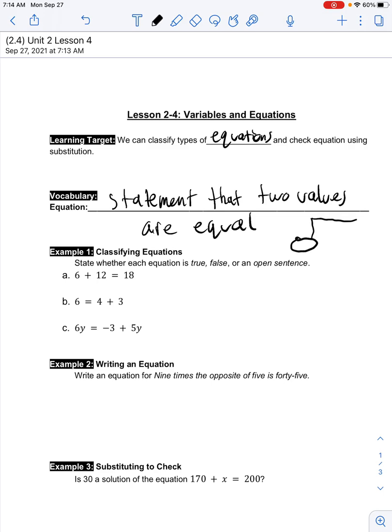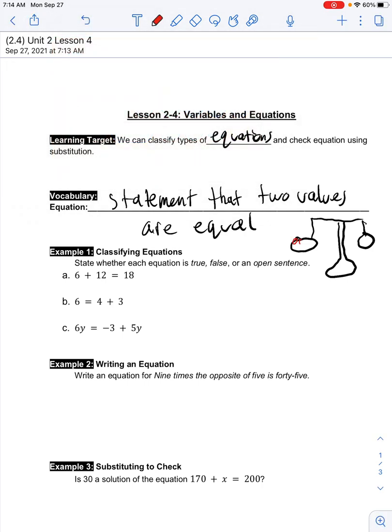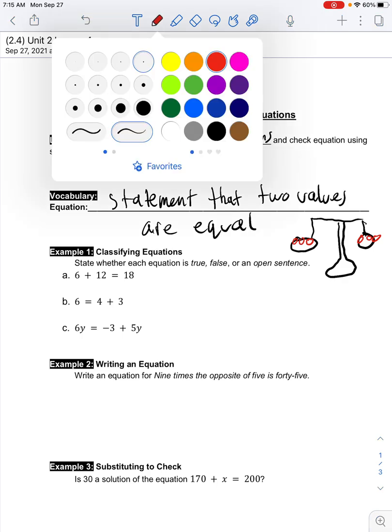If you've seen one of those old school scales, it looks something like this. Whatever's on one side of our scale, say I've got 3 rocks, on my other side I have to have the same exact weight, the same amount of balance, because whatever is on it equals, everything's going to balance out.